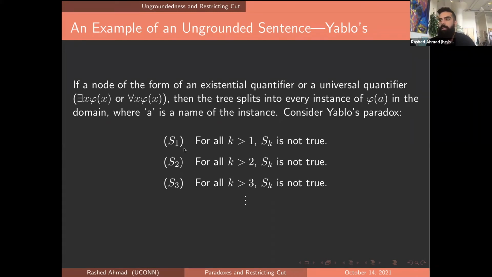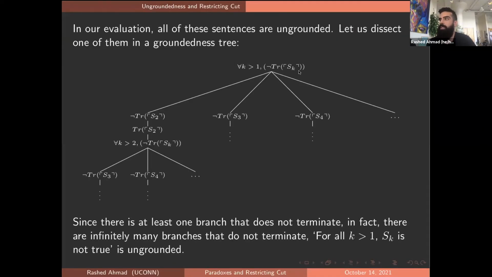So for example, S1 is saying S2 is not true, S3 is not true, S4 is not true, and so on. So when we branch the sentence S1, we're going to branch to every instance of its domain. So it's going to say S2 is not true, and so on. And we're going to see that none of the branches hold, so it's ungrounded, but we only care about one branch not holding to call it ungrounded.